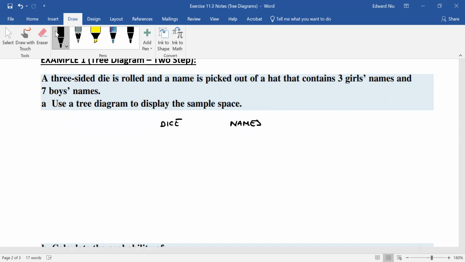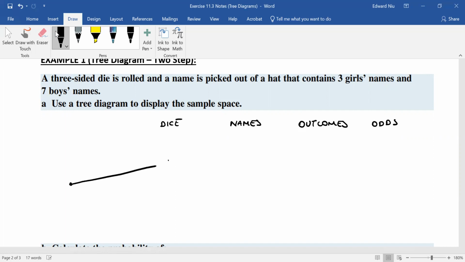All right, we have outcomes. Then lastly, we can write potentially the odds. So 3-sided die. Let's start the branches here.